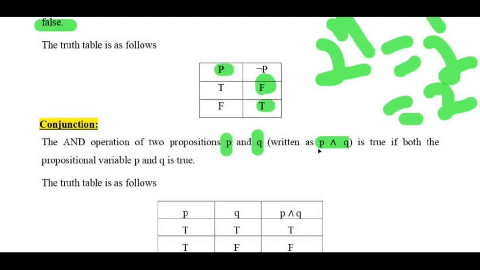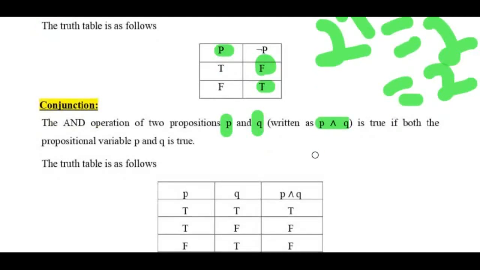It is read as P and Q. So conjunction connective is nothing but if both statements are true, then P and Q is true. The rest of the cases are false.